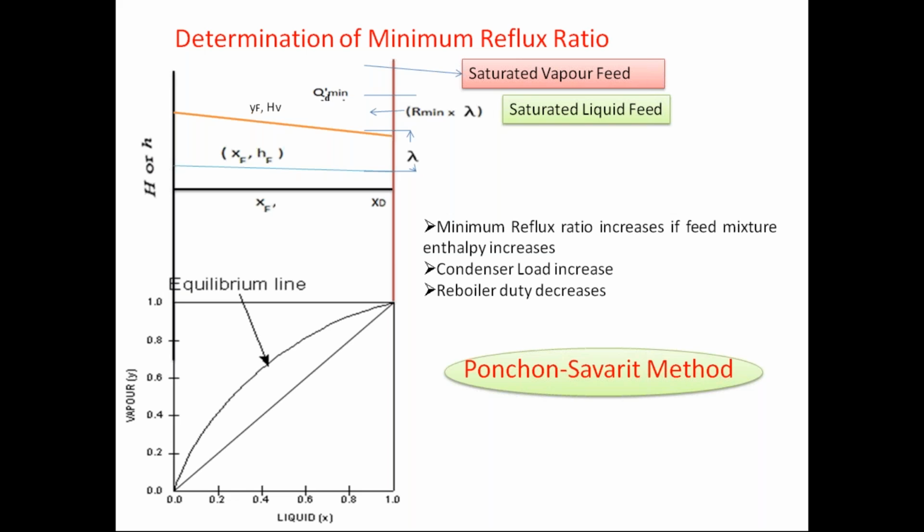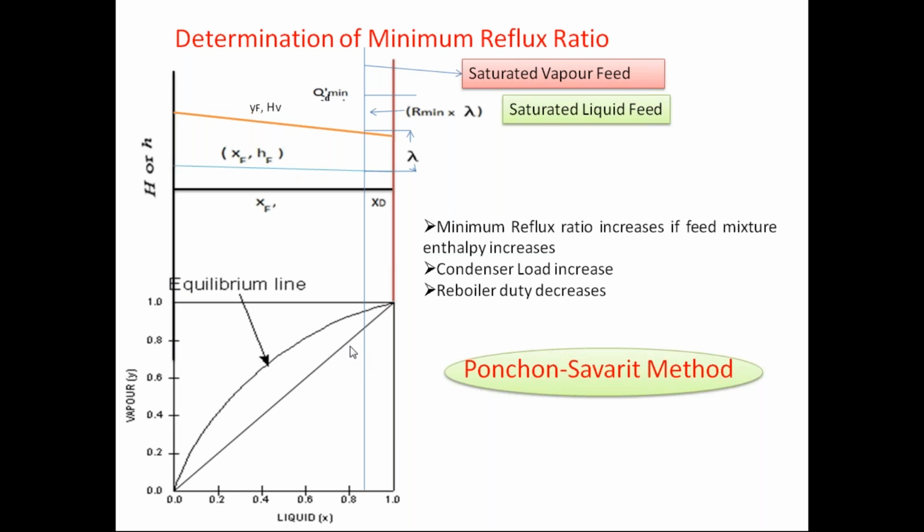For example, you have the specification in the column where you have to get a product purity of this much concentration, let us say 0.89 or 0.88, like that. This is the concentration of the top product purity that you require. So for this, let us find out how much the minimum reflux will be.